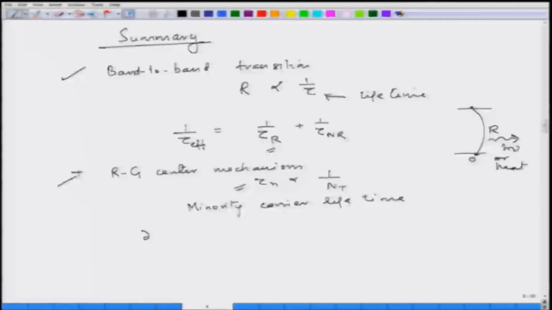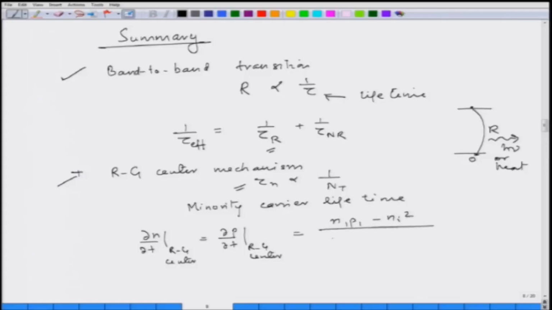So, basically in this lecture we saw that if we have RG center mechanisms, then in a steady state we have an expression that would be very useful. We have a general expression also, and then we derive it for a steady state. You can write this expression in terms of minority carrier lifetime, which is given by tau p (n plus n1) plus tau n (p plus p1).